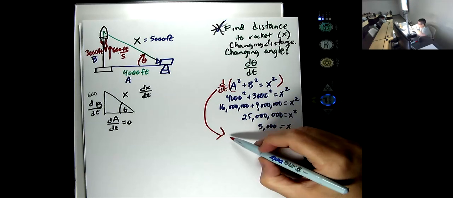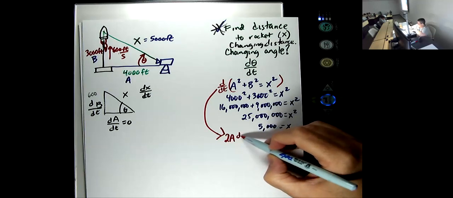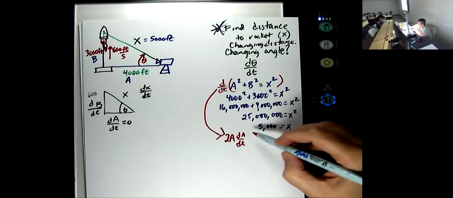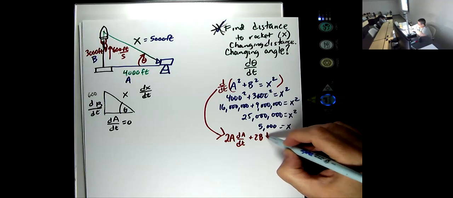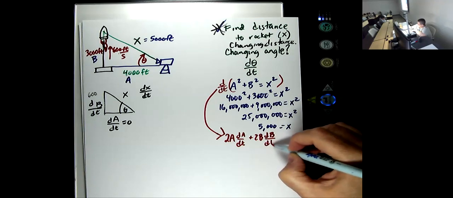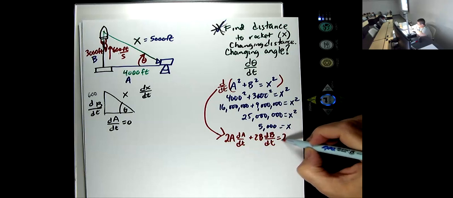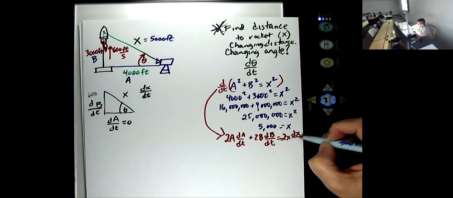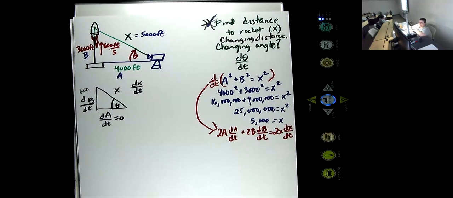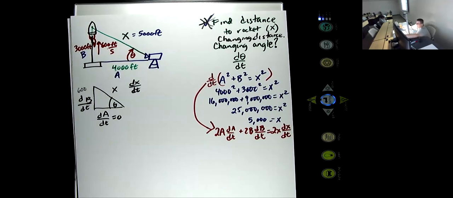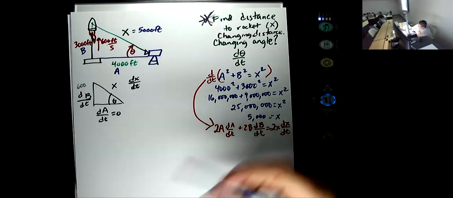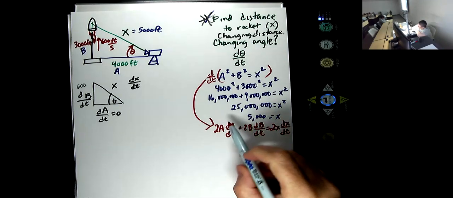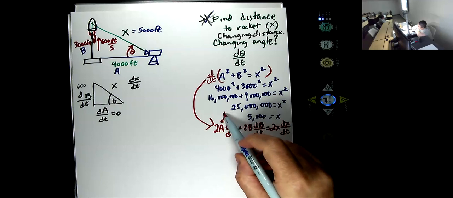So I've got 2a dA dt plus 2b dB dt equals 2x dx dt. All right, A is 4,000, 4K.